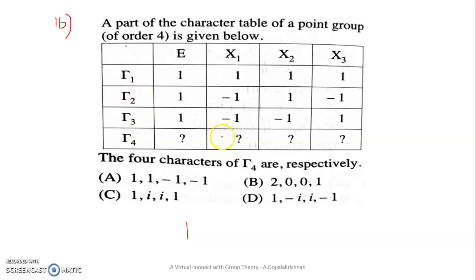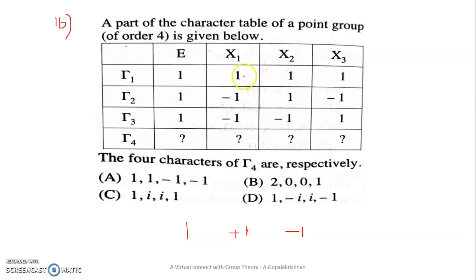Now listen, since in this column we already have 2 -1 here, this should be a +1 character. And in this column we have 2 +1 numbers and 1 -1, so this character should be -1. Apart from E, in each column this is applicable only for the C2v table, or a table with order 4.